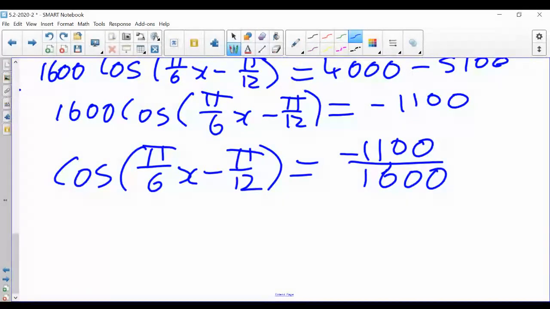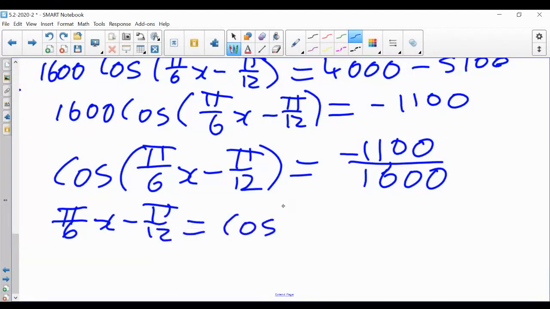Dividing, good, okay. So now what? Now what do we do? We use the cosine to the minus 1. So we're going to say that this thing inside of the bracket, the pi over 6 x minus pi over 12, is equal to cosine to the minus 1 of, I'm not going to use negative, I'm going to use positive, 1100 over 1600.